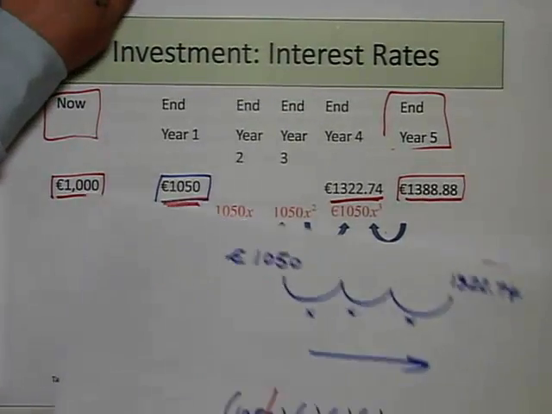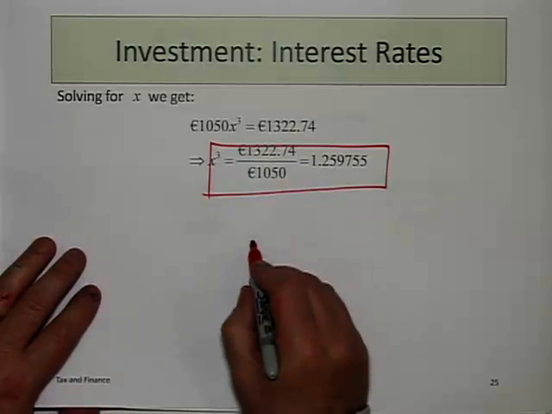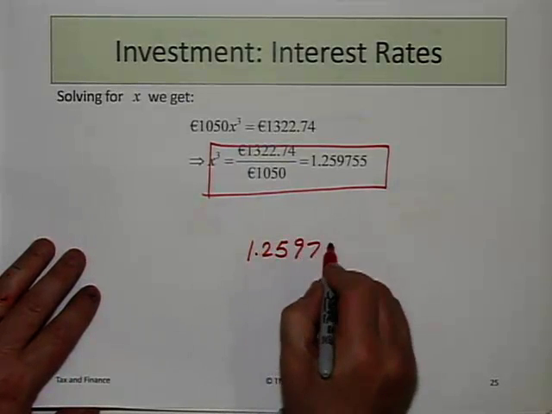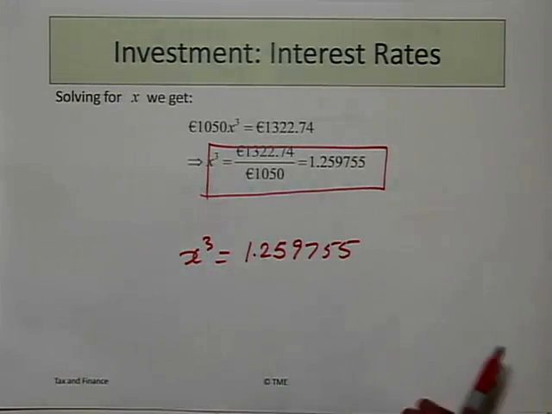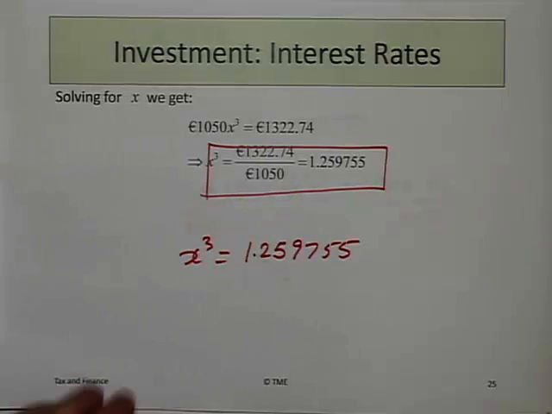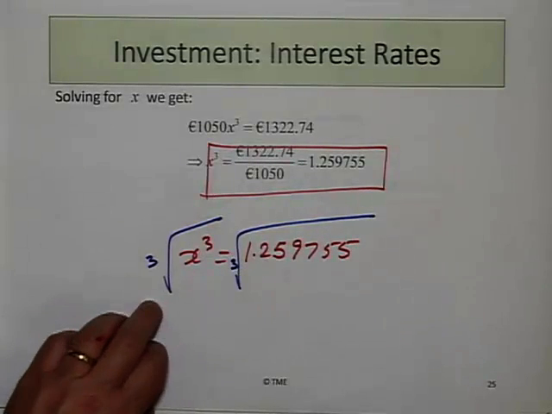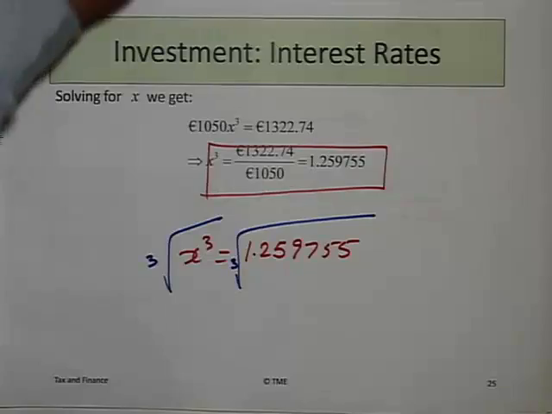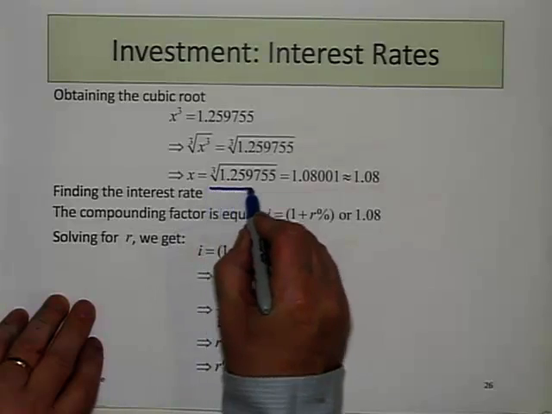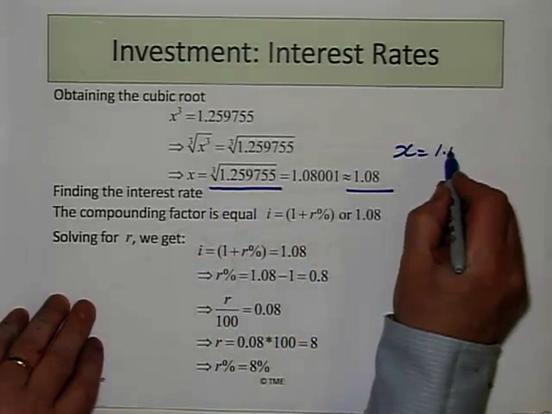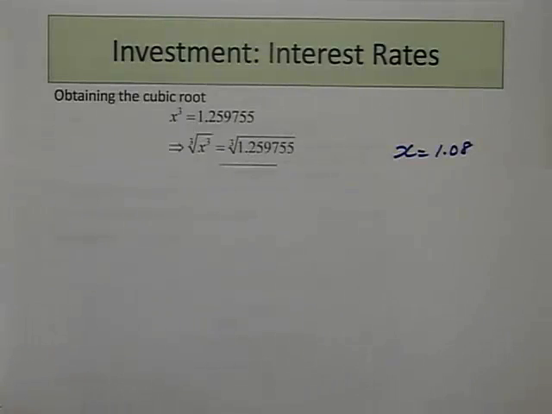So what we find is that x cubed, when we do the calculation, turns out to be 1.259755. That's x cubed. But we're not interested in x cubed. X cubed is just the combination over the 3 years. So to get rid of the x cubed, we just take the cube root. And if we take the cube root of one side, we better take the cube root of the other. So here, the cube root of x cubed is x, and we find that x is equal to 1.08. Now that's interesting. 1.08.